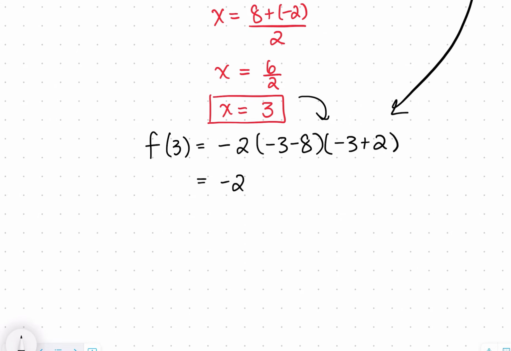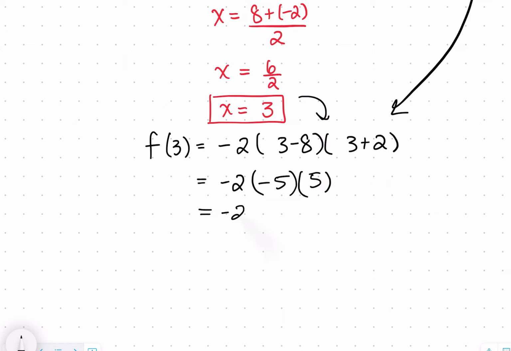So we have negative 3 minus 8, which is negative 11, and negative 3 plus 2. Oh, I'm sorry. I made a mistake. Let's erase. I'm not sure why I put negative 3 in here. Let's try that again. Okay, so 3 minus 8 is negative 5, and 3 plus 2 is positive 5.